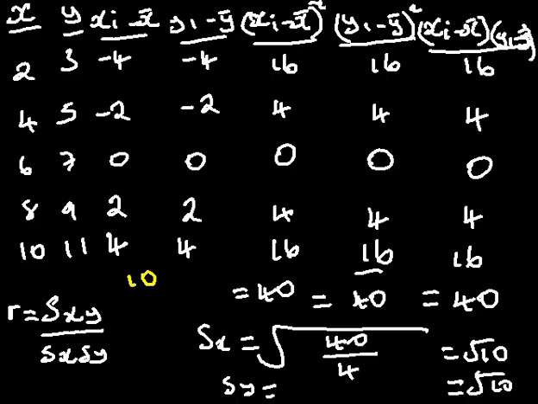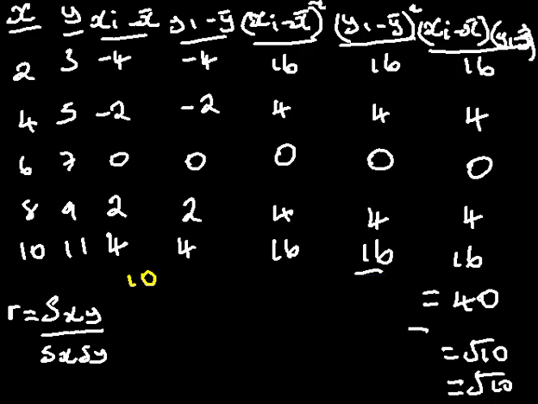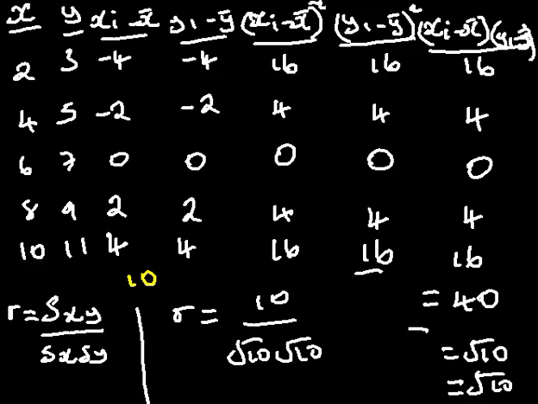So now for this case, we just have to substitute into the formula. In this case, the correlation coefficient will be given as r equals the covariance, which is 10, divided by the square root of 10 times the square root of 10.